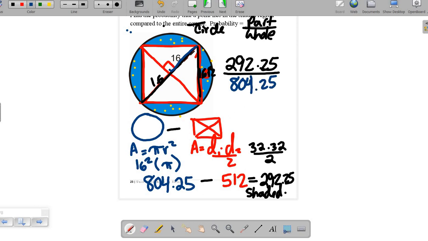Now I want the percent probability that a random point is inside the shaded region compared to the entire circle.